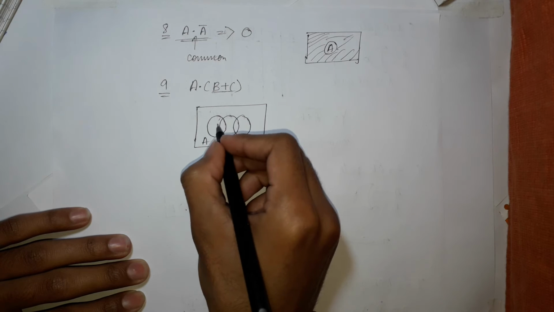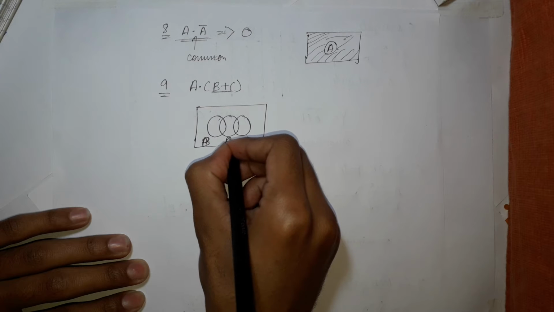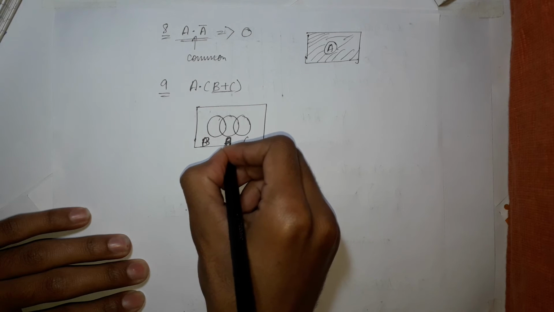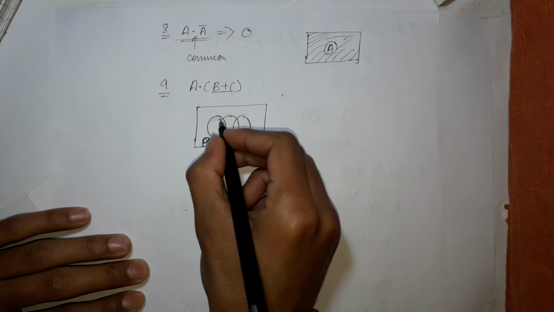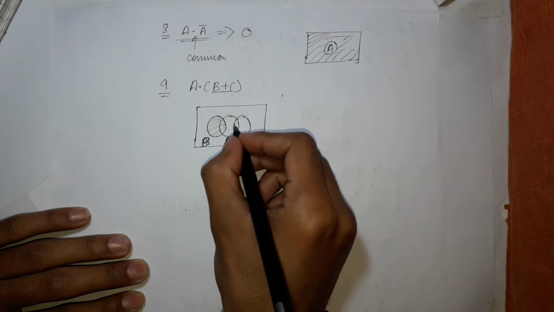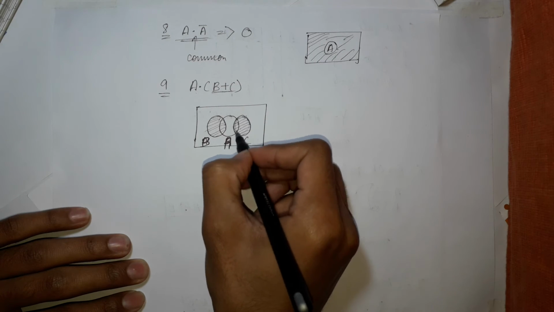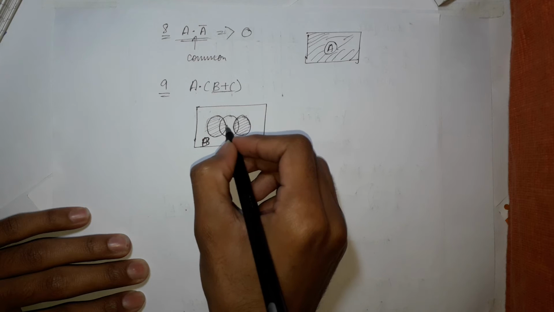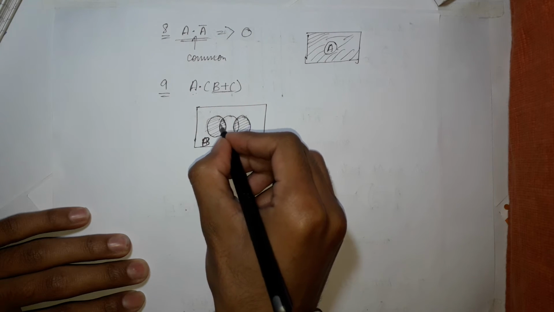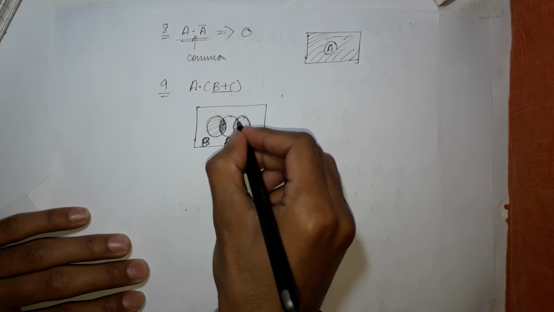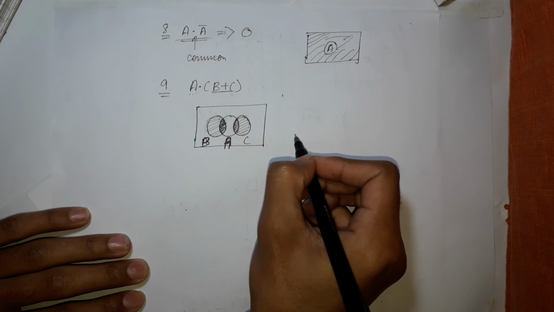B or C, that is the total region covered by B or C, and what is common between A and B or C? This is the total region covered by B or C. Now the common region between A and B or C is nothing but this portion. Okay, this is the portion common between A and B or C.